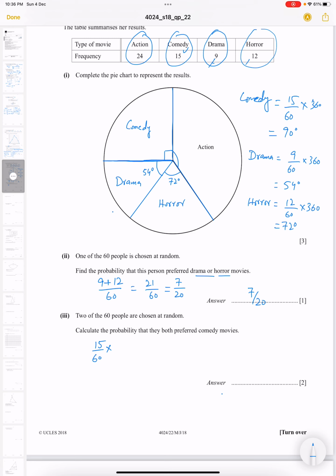So the other will be selected from 14 people. So 14 by 59. Simplifying it, 15 ones are 15, 15 times 4 is 60, and then 2 7s. So we have 7 over 59 times 2, 118. That's the probability.